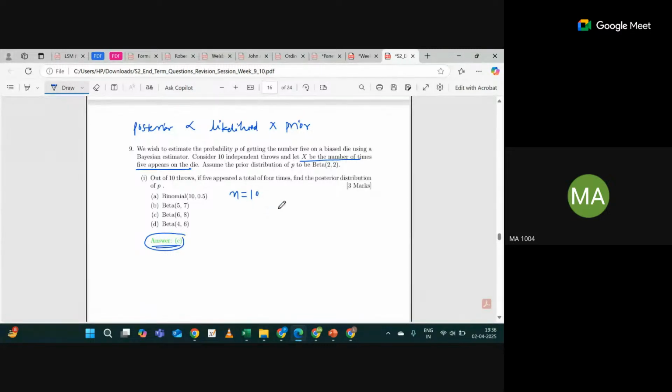And what is the prior distribution? First of all, what is X following here? Binomial with parameter n comma p. See, each Xi is Bernoulli, X1, X2, till X10, but I'm talking about all 10 independent tosses. So the summation of Xi, i equal to 1 to 10. We know the sum of n IID Bernoulli is binomial.